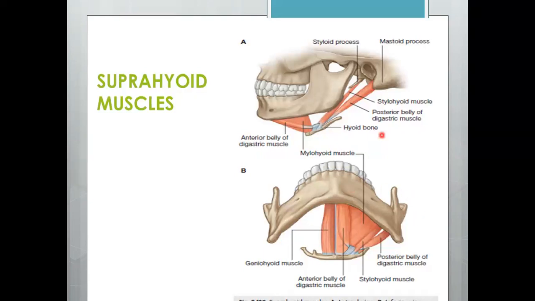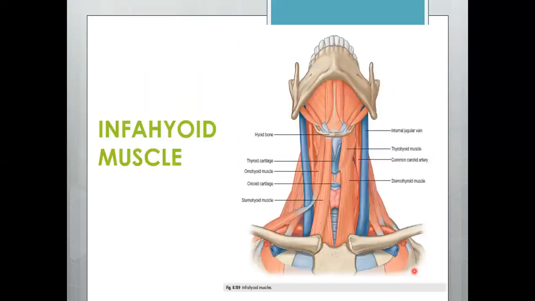Now, these are the muscles, which are suprahyoid muscles. It includes mylohyoid, anterior belly of digastric, stylohyoid, and posterior belly of digastric muscles. Infrahyoid muscles, which are basically below the hyoid bone.